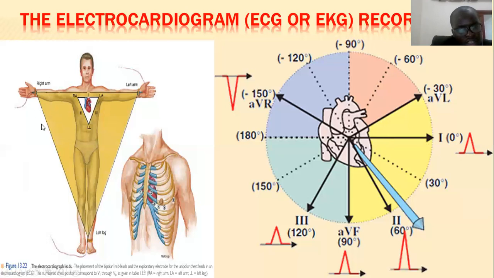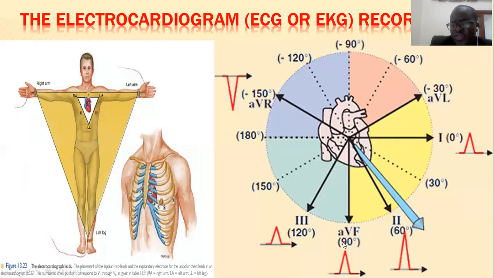So you have 60 degrees on these corners. So lead two is forming 60 degrees with lead one. So if this is your lead one, then you add 60 degrees, then you'll be at the axis for lead two. So lead two is at 60 degrees.